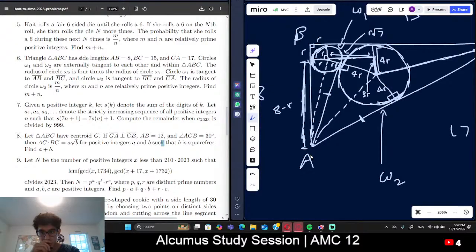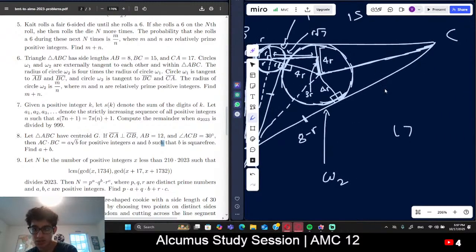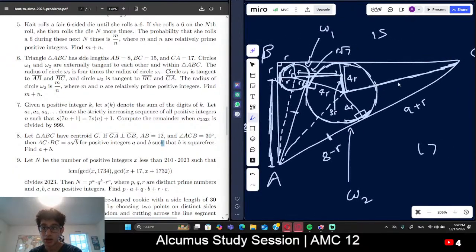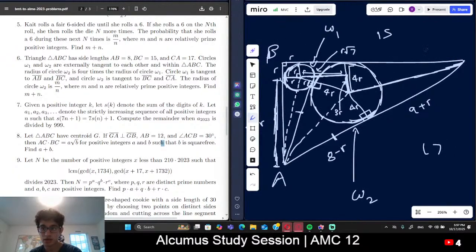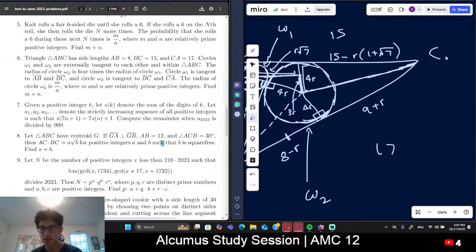Those two are similar, not even similar, they're congruent, completely congruent, as are these two. So this has to be 8 minus r, which tells us that this length here has to be 9 plus r. But at the same time, what else do we know? We know that this length over here is going to be 15 minus r times 1 plus root 7.